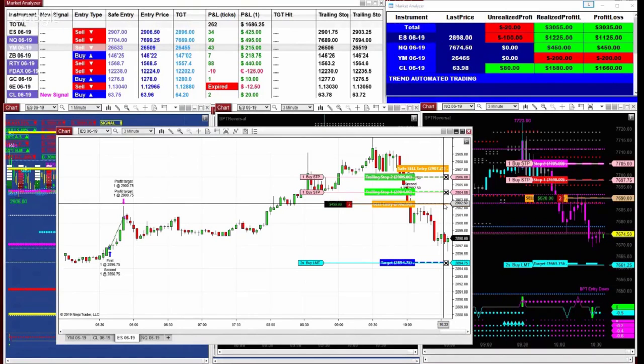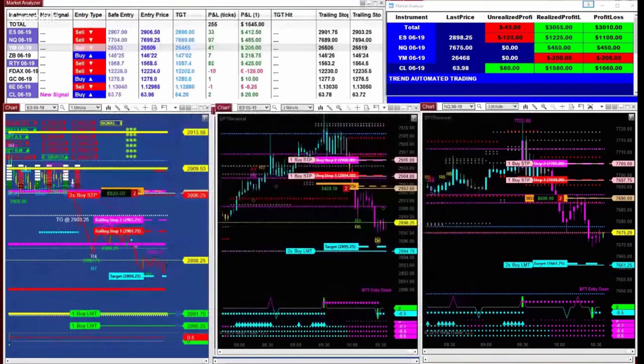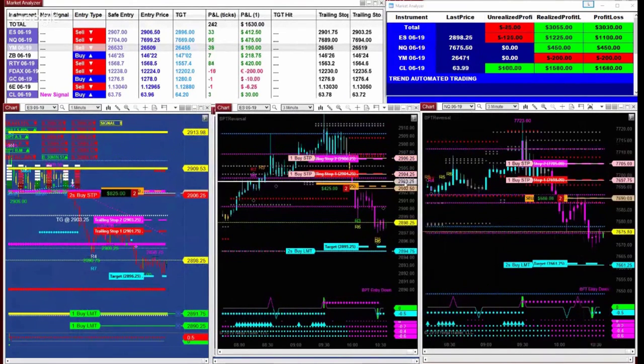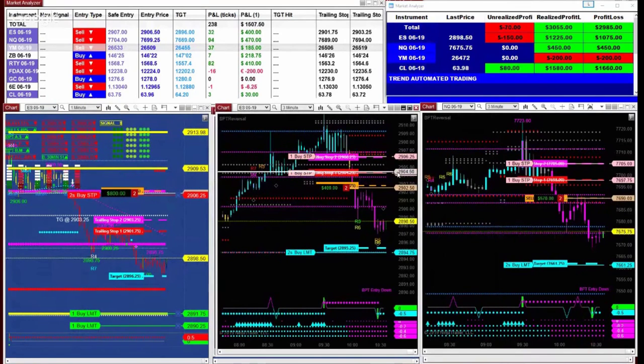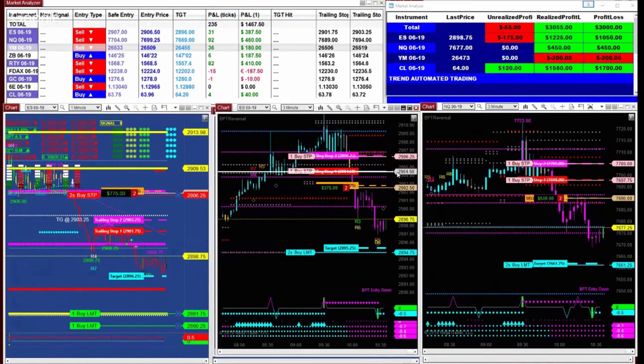So I find it very good, especially for traders who like to learn a bit or try to develop their own trading. At the same time you are kept away from the emotion, and you let the auto trade take the entry, and then you can manage the trade, and that is extremely smart to do.